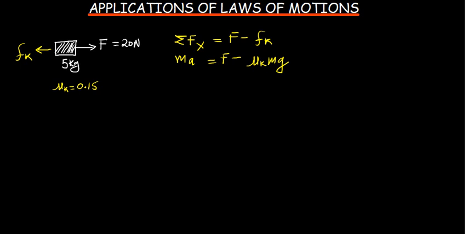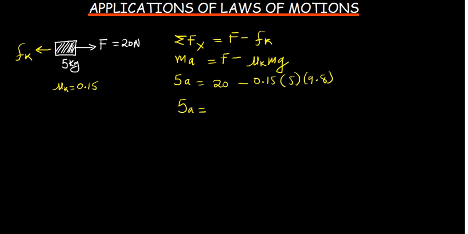So we're going to divide everything by the mass, or I can just go direct. Where there is m, we're going to put 5 times a, that will be equal to applied force, which is 20, minus mu k, that is 0.15, times the mass, that is 5, and then g is 9.8. So 5a is going to be equal to, let's see what we get.